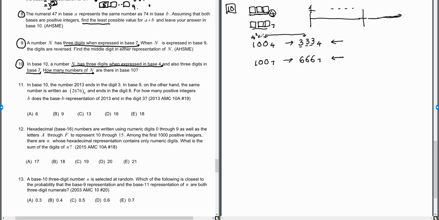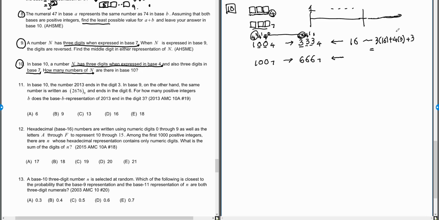The place values are 4 squared, 4 to the 1, 4 to the 0. So 4 squared is 16, and 100 in base 4 is 16. For the largest, 3 times 4 squared, plus 3 times 4 to the 1, plus 3 times 4 to the 0, which is 1. So 3 times 16 is 48, plus 4 times 3 is 12, plus another 3.